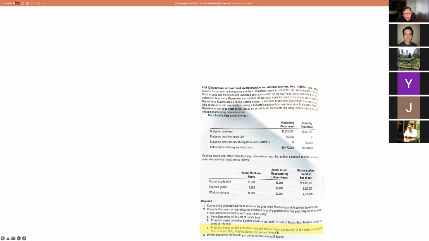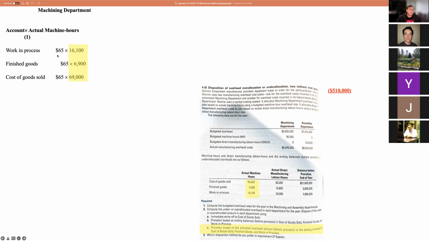And you have already calculated that, right? So here is what happened. Remember, for the machining department, to calculate the overhead allocated, you are using the $65 rate and the actual machine hours. So then you figured out the overhead allocation for each account.